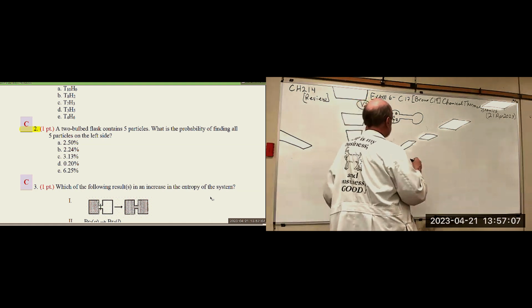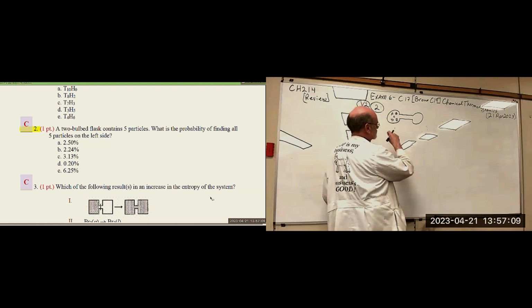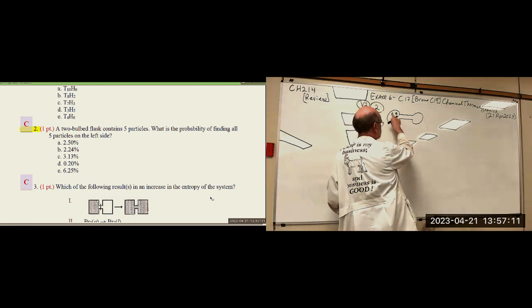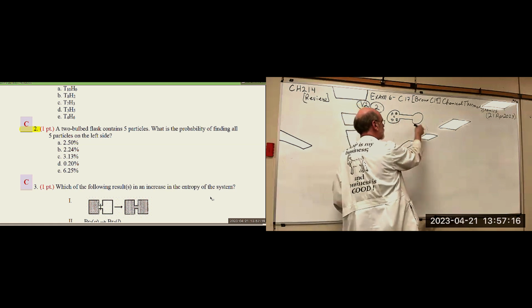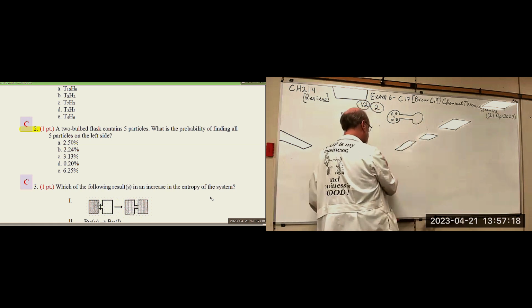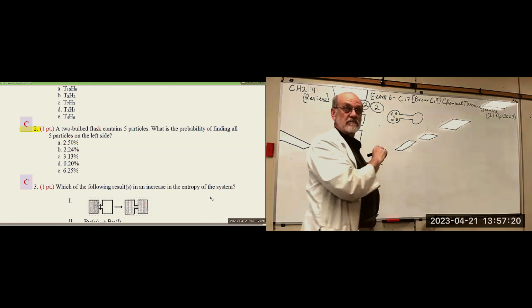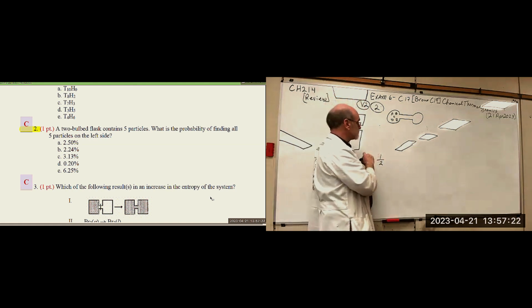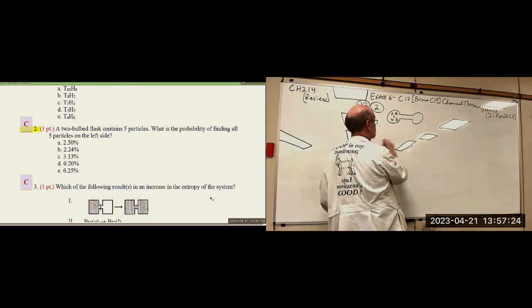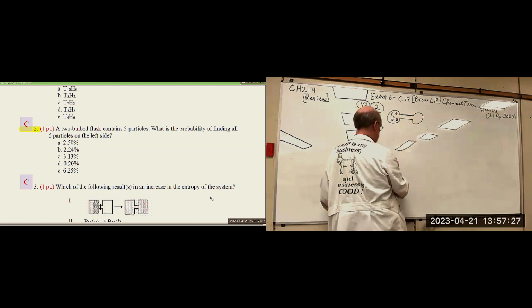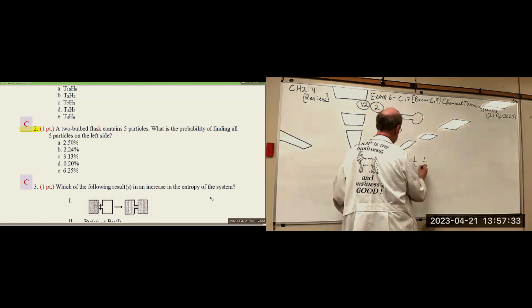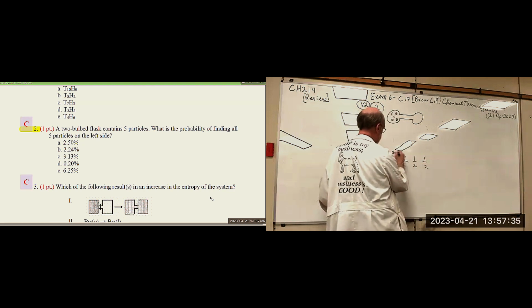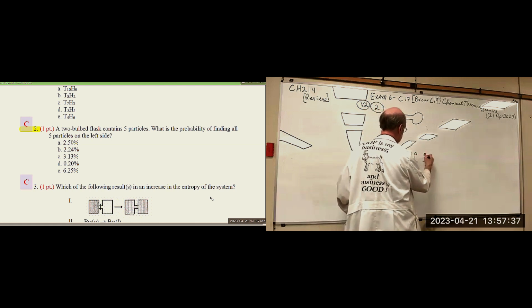What's the probability of finding A on one side by itself? It can either be here or here, so its probability is 1 in 2. The probability of finding B on either side is 1 in 2. And the same for all of them: 1 in 2, 1 in 2, 1 in 2. So this would be A, B, C, D, and E.